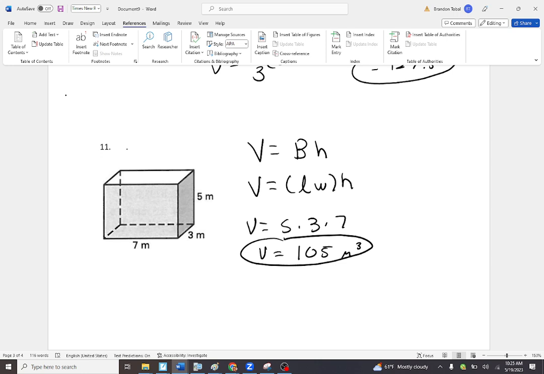It doesn't matter in a rectangular prism, because you could technically rotate your thing. I would have done 7 times 3 times 5 if I really wanted to match it. M cubed, because we're talking about 3D space, the volume.